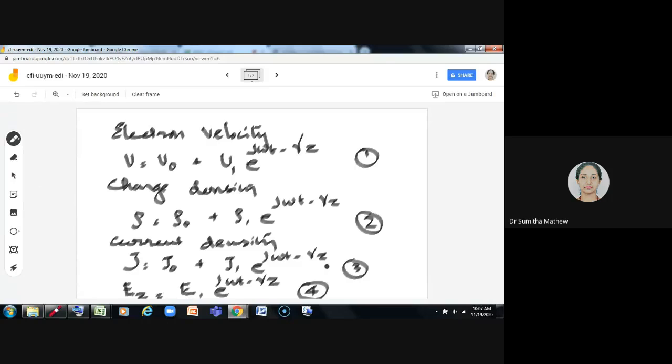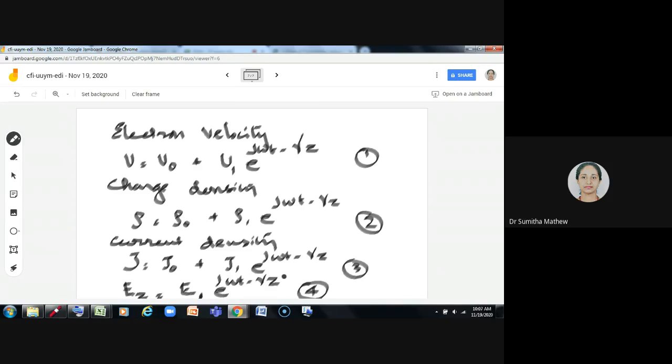We assume that the electron velocity is given by this because it is a modulated term, having a DC component and a sinusoidally varying component. Okay, so charge density rho, similarly, rho 0 plus rho 1 e raised to j omega t minus gamma z. Current density J is equal to J0 plus J1 e raised to j omega t minus gamma z, and Ez is equal to E1 e raised to j omega t minus gamma z.